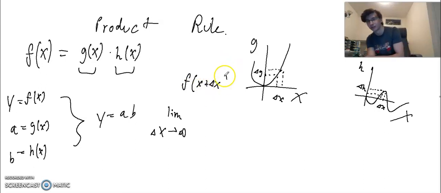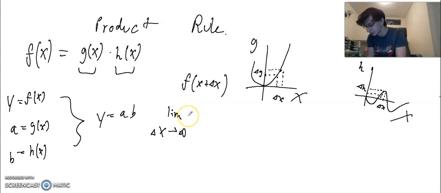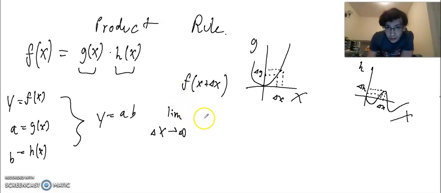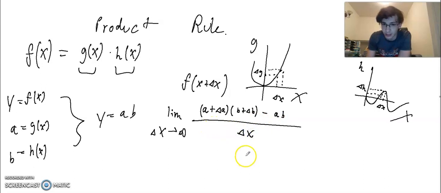Well, that's just going to be a plus delta a, then b plus delta b, minus ab, all over delta x.